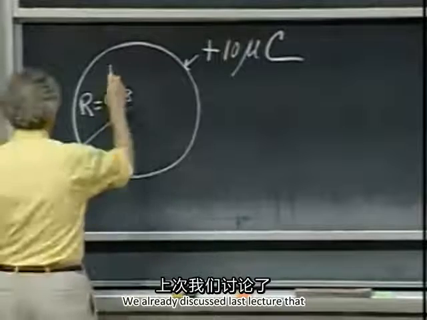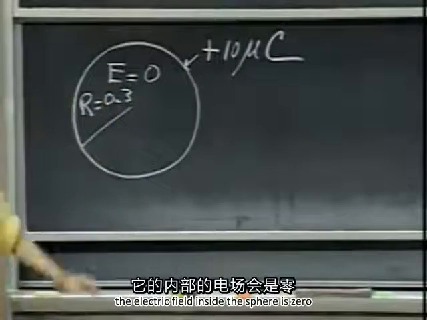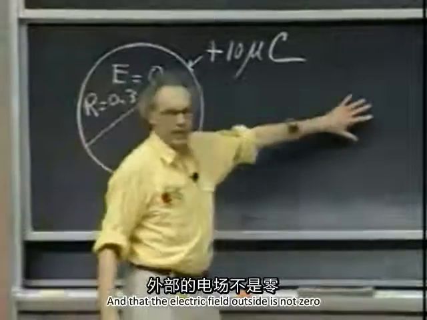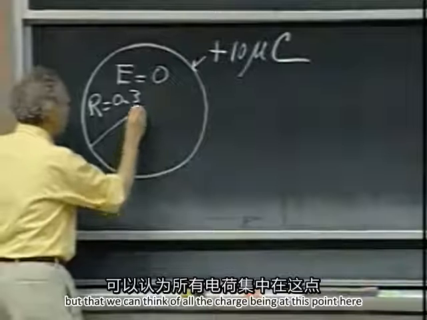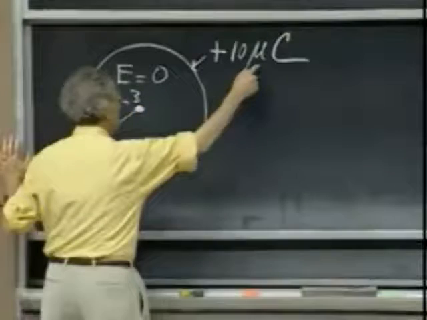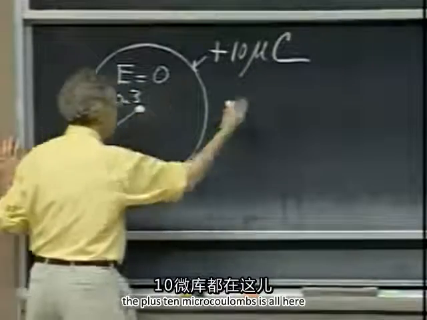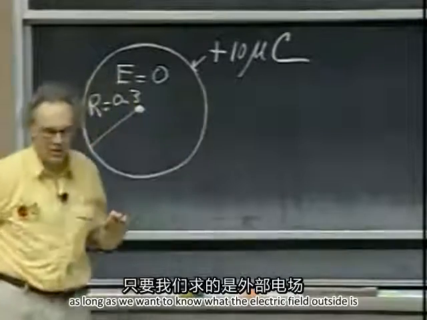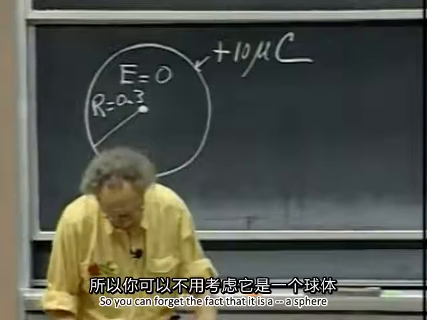We already discussed last lecture that the electric field inside the sphere is 0, and that the electric field outside is not 0, but that we can think of all the charge being at this point here. The plus 10 microcoulomb is all here, as long as we want to know what the electric field outside is. So you can forget the fact that it is a sphere.